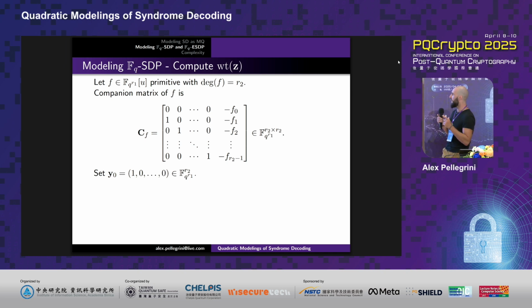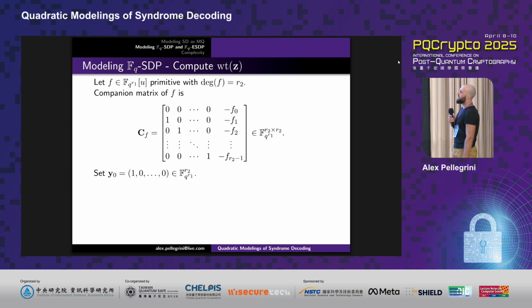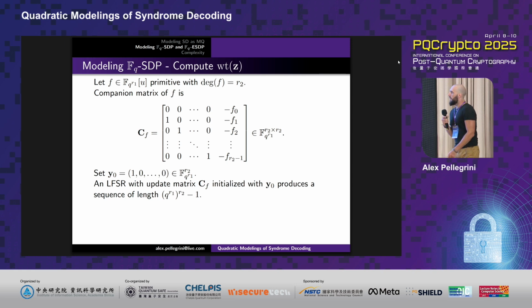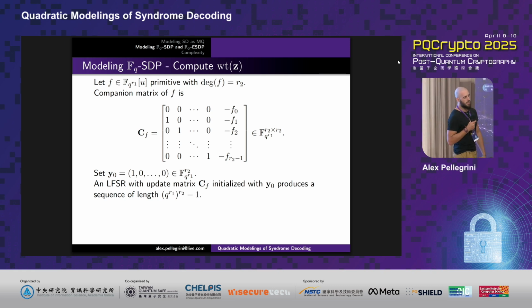This is an R2 times R2 matrix. Then we set Y0 to be the vector of length R2 with 1 at the first position and zeros after. So basically now, an LFSR with update matrix CF initialized with this state produces a sequence of length Q^(R1·R2) minus 1, okay?